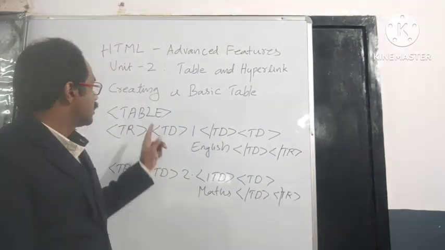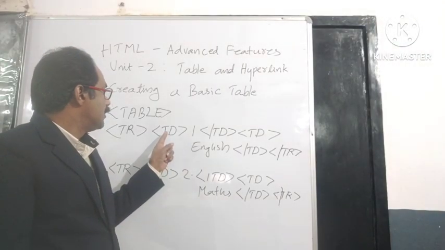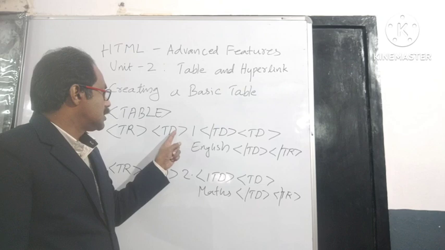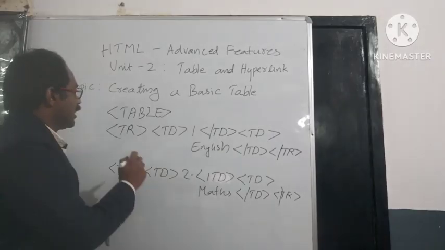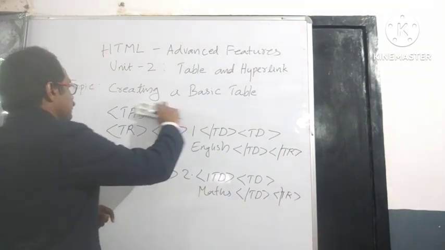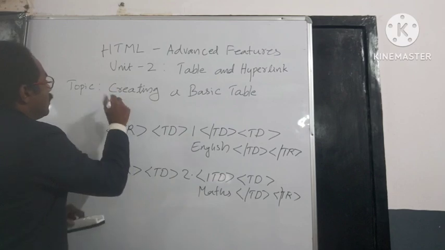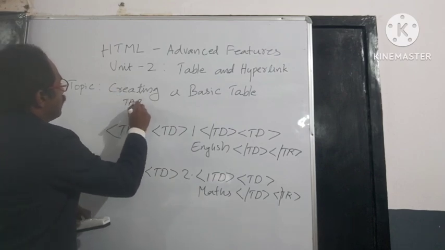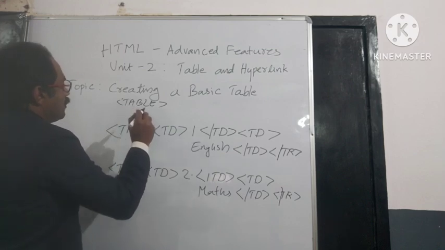Instead of the td tag in the first row, instead of this td, we can use the th tag, and you write the serial number here. Suppose you want to give a heading here. So the table tag we have to add first of all. After the table tag, what you have to do?